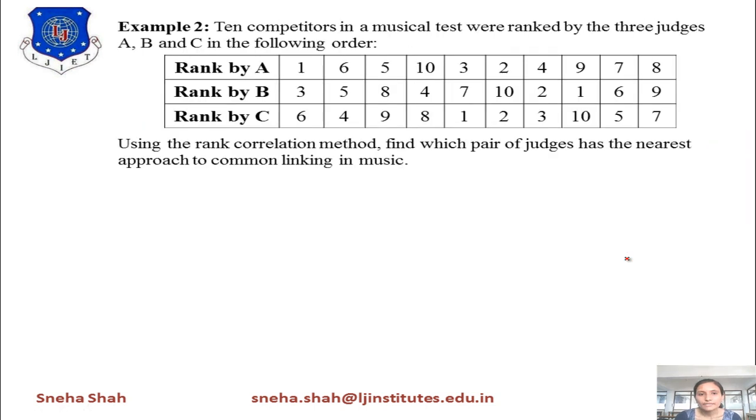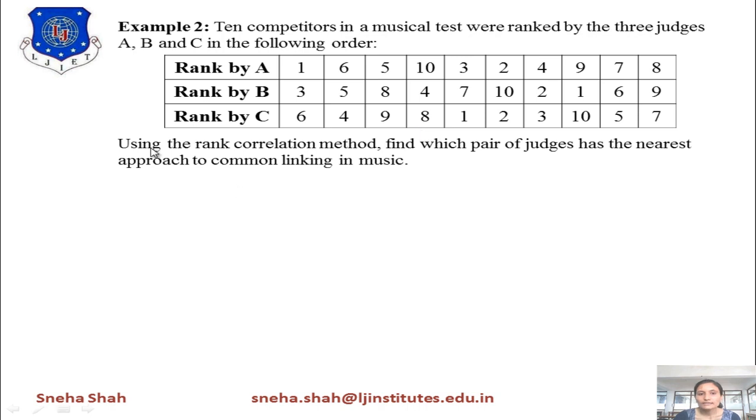The second example is: 10 competitors in a musical test were ranked by the 3 judges A, B and C in the following order: rank by judge A, rank by judge B and rank by judge C is given to you like this. These are the 10 competitors, so the number of samples n equals 10.